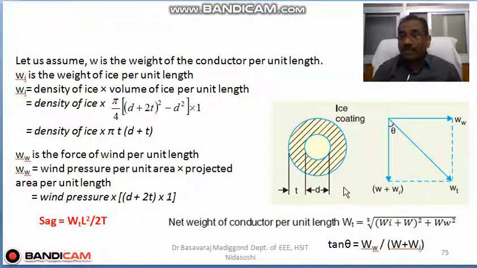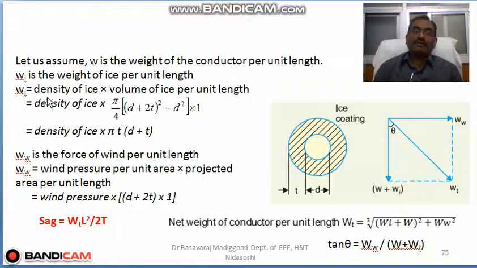There will be one more t here, thickness, right? So what is the total diameter of the conductor with ice coating? d plus 2t. Let us assume that W is the weight of the conductor itself per unit length, and let Wi be the weight of the ice per unit length.